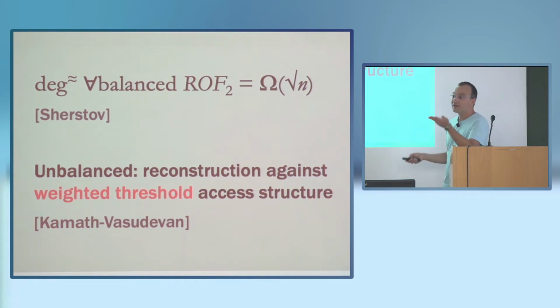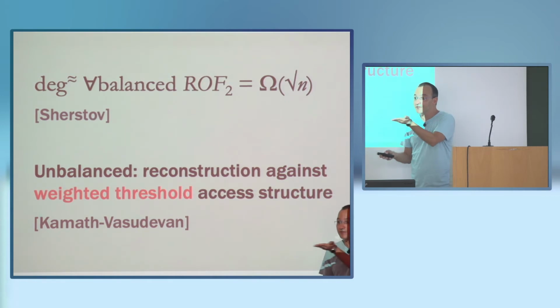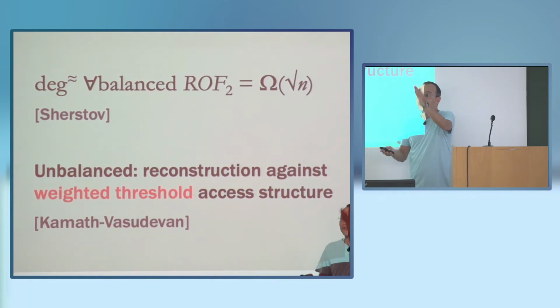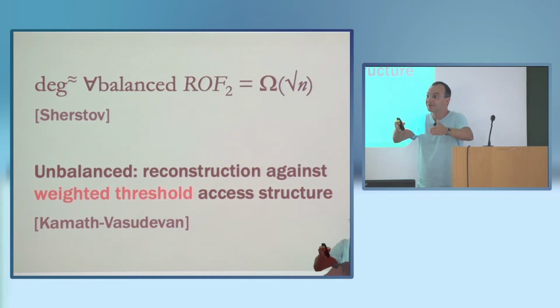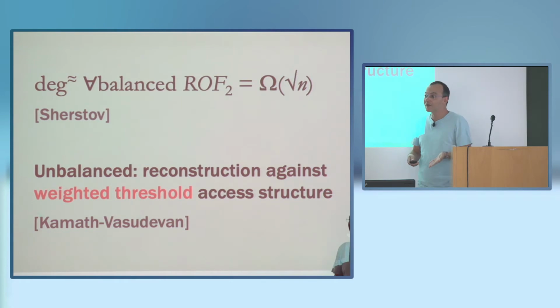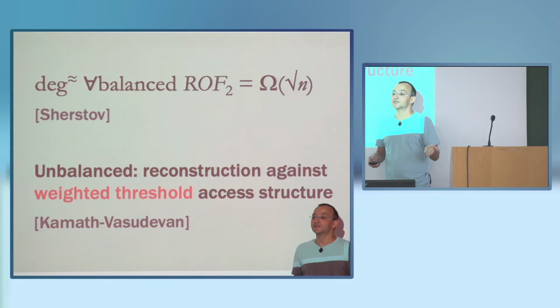All you have to do is, instead of designing a secret sharing scheme for a threshold access structure, where if you have under a certain number of parties you cannot reconstruct and all of them can reconstruct, you do something for a different access structure. And the access structure that you need in order to handle unbalanced formulas turns out to be weighted threshold.